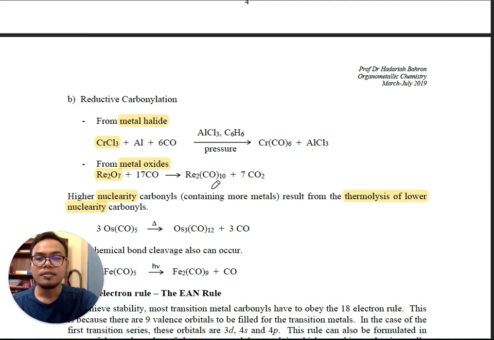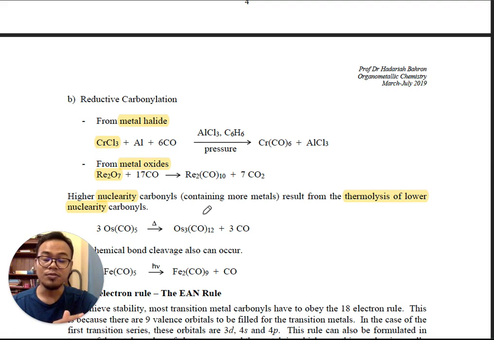The second term that we are going to learn is higher nuclearity carbonyls. Nuclearity, as I said earlier, indicates the number of metals that we have in any given complex. If we have one metal in one complex, it is called mononuclear.